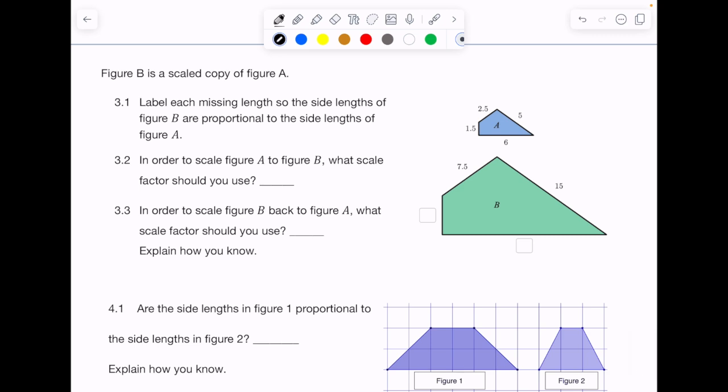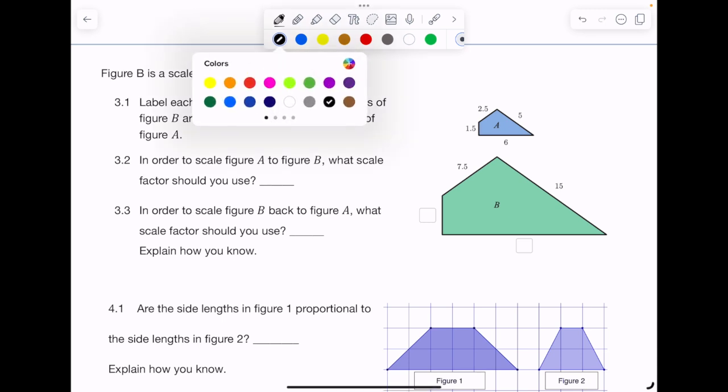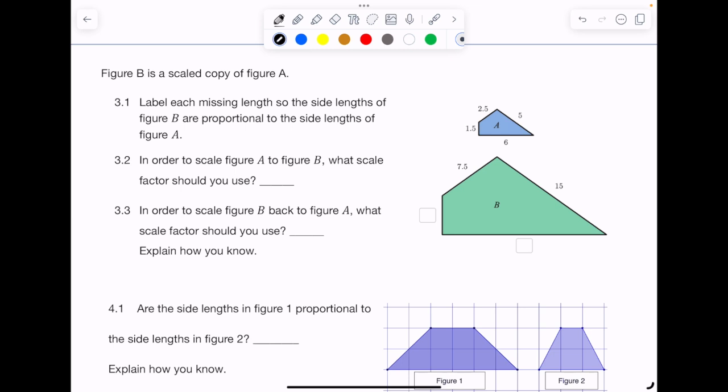Figure B is a scaled copy of figure A. Label each missing length so the side lengths of B are proportional to the side lengths of figure A. Again, proportional means we have equivalent ratios, and for our purposes right now, it basically means we have a scaled copy. We have a constant number we can multiply by.